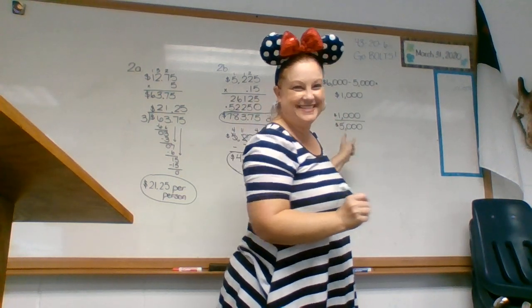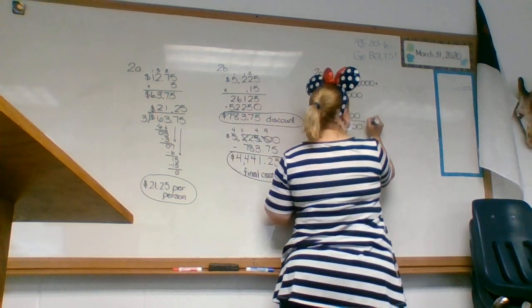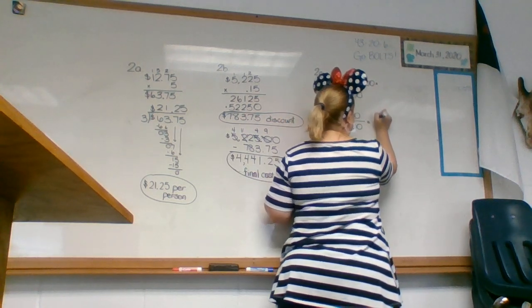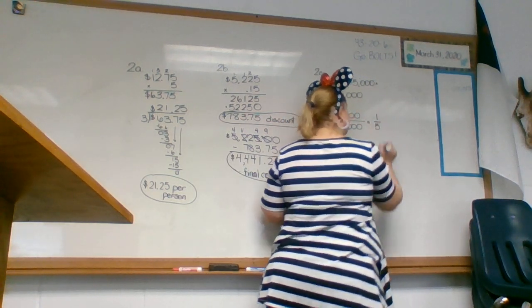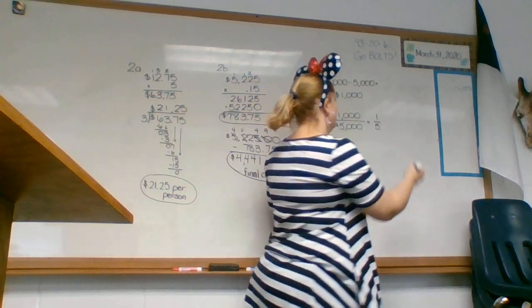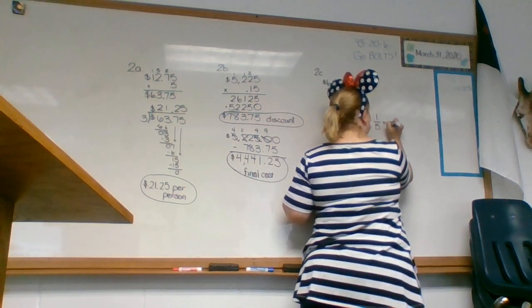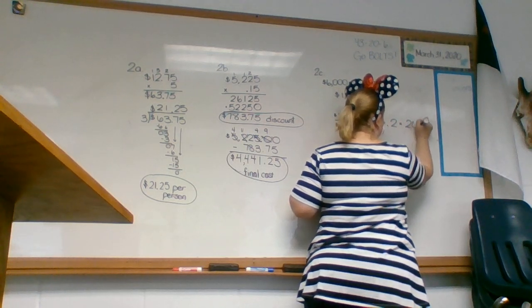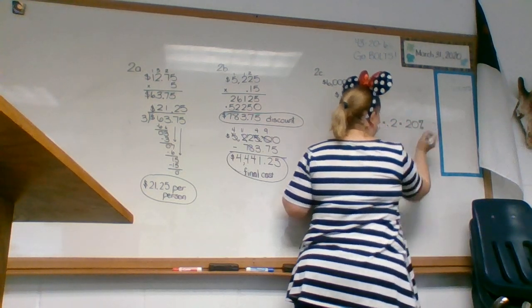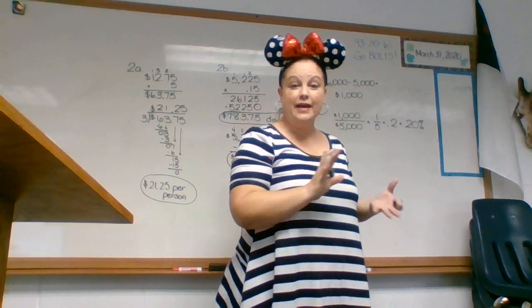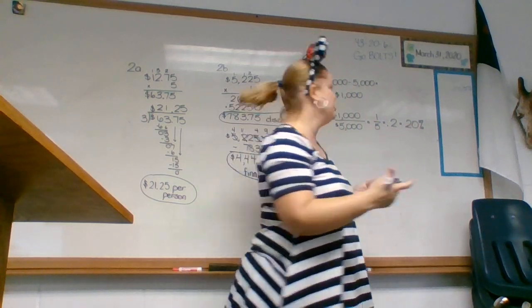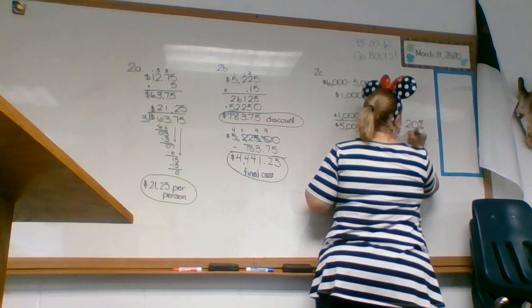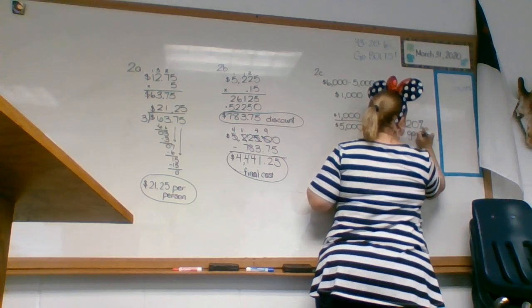This should be very easy to simplify because all those zeros can cancel out when we divide by 1,000. We get 1/5. We know the decimal for 1/5 is 0.2, and we know that then transfers to 20%. That is our gain. That's our percent of change. So our answer is 20% gain.